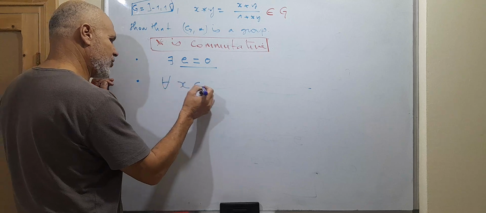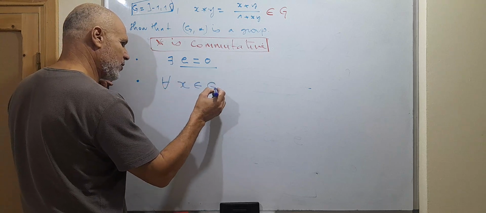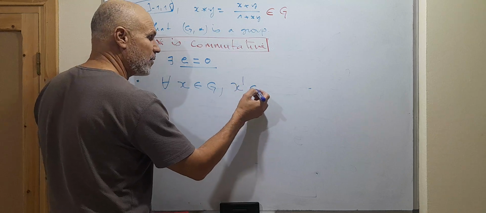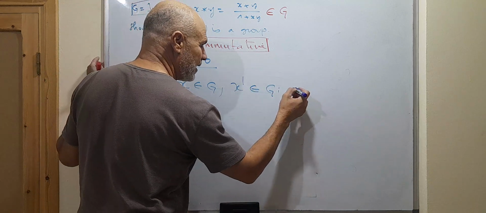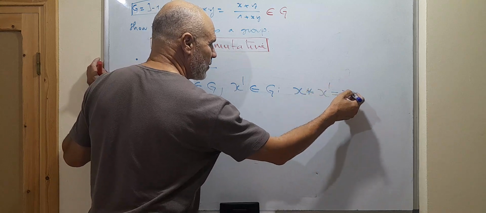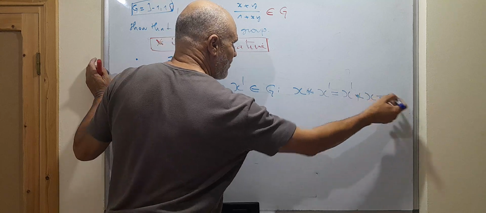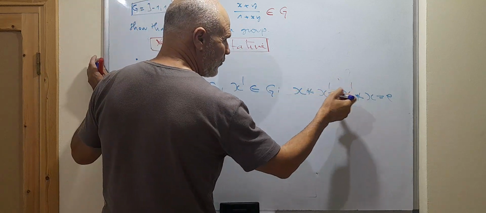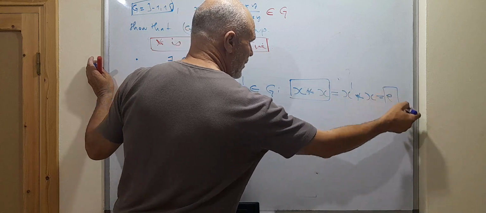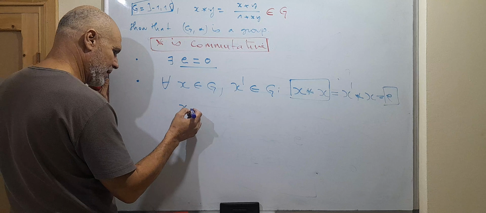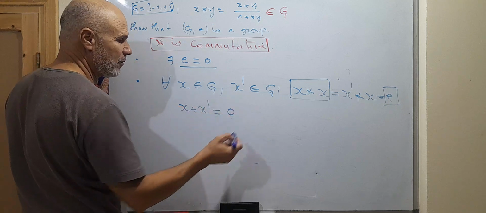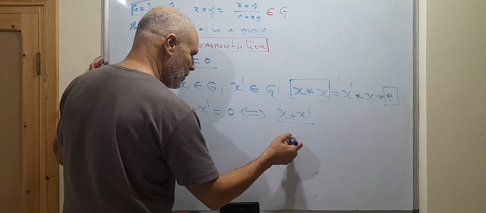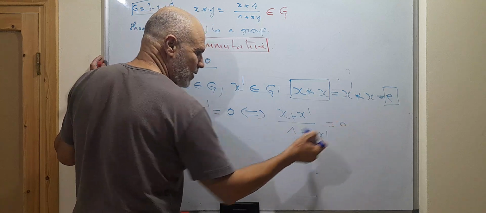Second, about the opposite. For all x belonging to G, does there exist x prime also in G such that x star x prime equals x prime star x equals e? Since it is commutative, we can deal with just one equation: (x + x prime) over (1 + x x prime) equals 0.